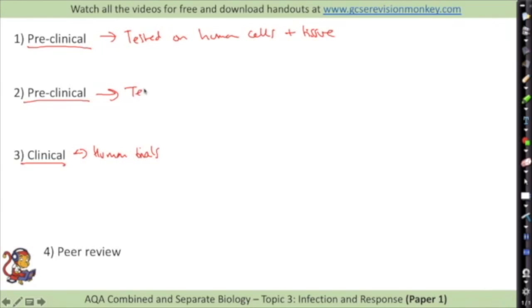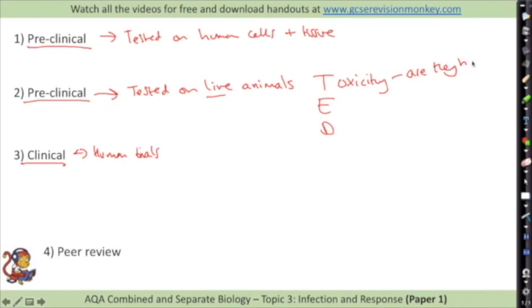The next trial, again before the human trial, is on animals, and obviously there's ethics, right and wrong about testing on animals that you'll be able to look into and discuss. But they're tested for three things: toxicity. So you're seeing whether they are harmful. Are they causing the cells to be damaged, or are they causing healthy tissue to be damaged?